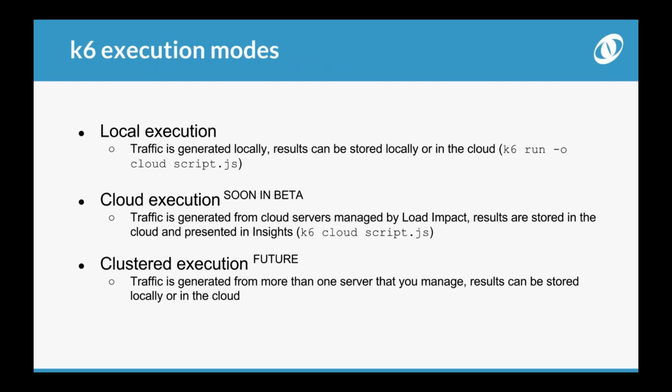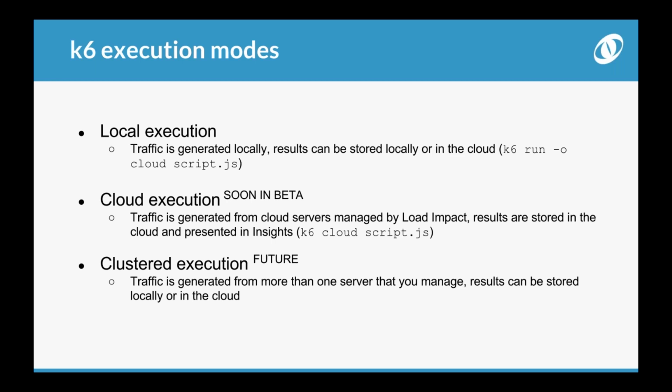So with that said, when we set out to build K6, we wanted to support 3 different execution modes. That's local, cloud, and clustered execution. And we wanted the K6 tests to run unmodified across these 3 different execution modes. They're suitable for different use cases. So local execution is great when you're in that edit, test, and debug cycle of developing your test cases.